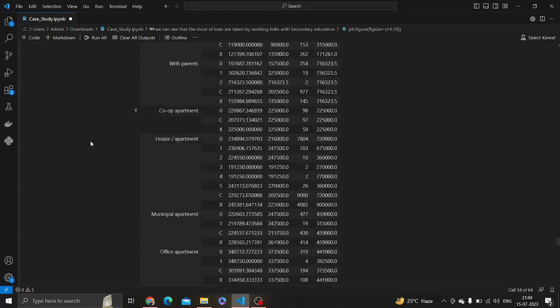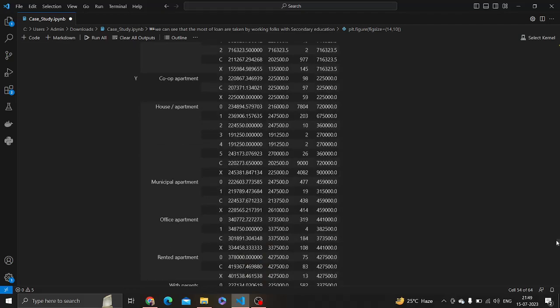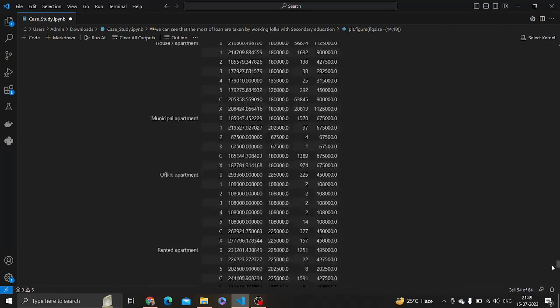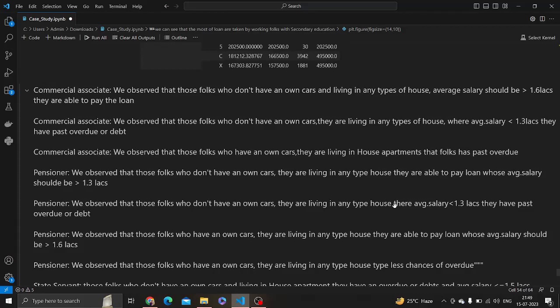Later on, I'm writing some steps on what analysis I found, like commercial associate. We observe that those folks who do not own cars and live in any type of house, with an average salary of 1.6 lakhs, are able to pay the loan.